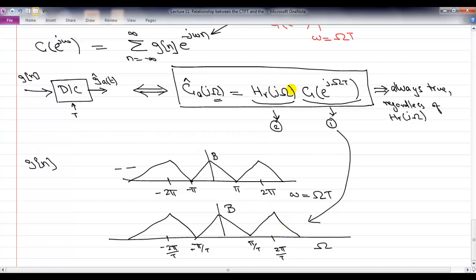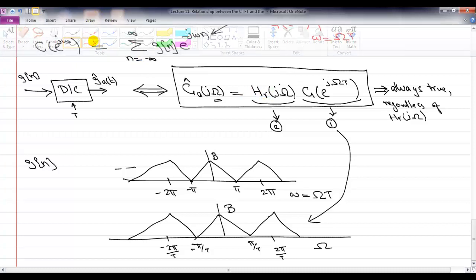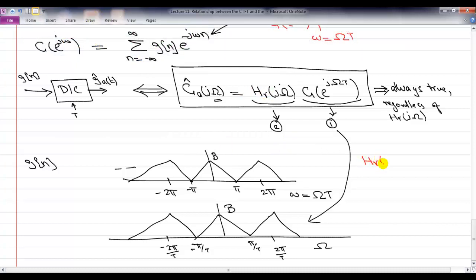What is the second step saying? The second step is saying that you now pass it through a filter whose Fourier transform is given by H_R(j omega). This H_R(j omega) could be anything. You are going to multiply this with H_R(j omega). Let's say H_R(j omega) was actually an ideal low pass filter. It could be anything, but let's say it was T for omega less than or equal to pi by T and 0 otherwise. What happens in that case?